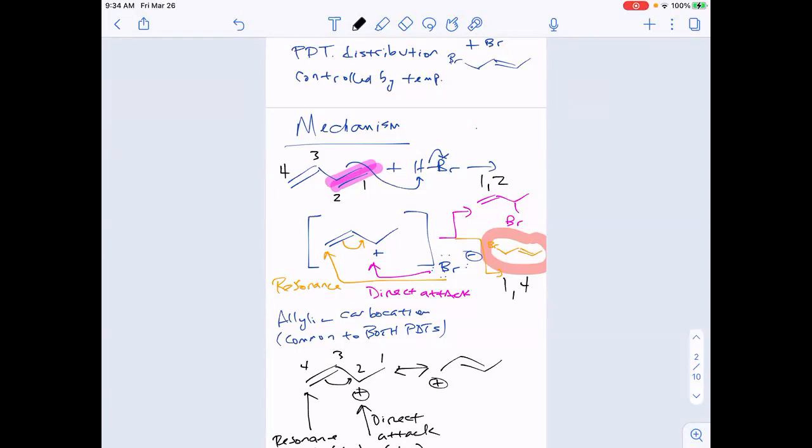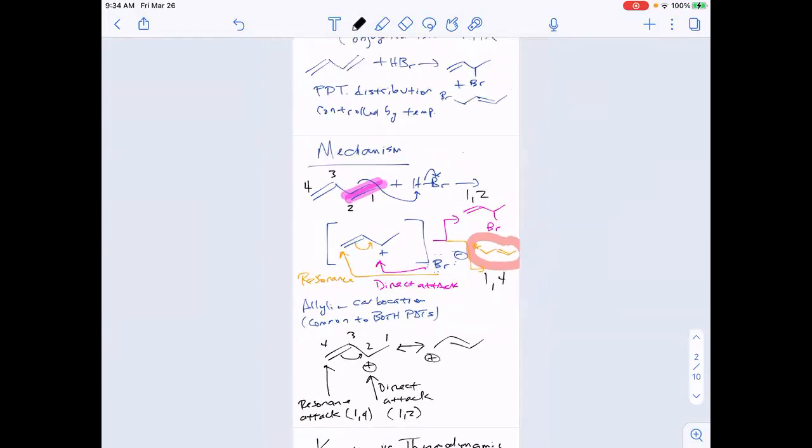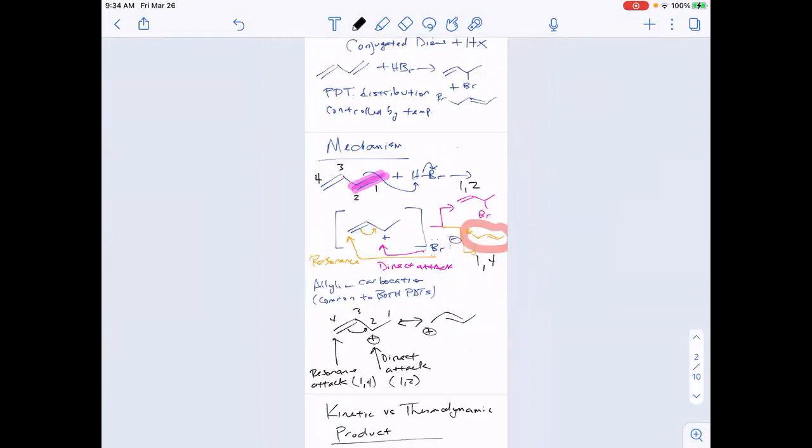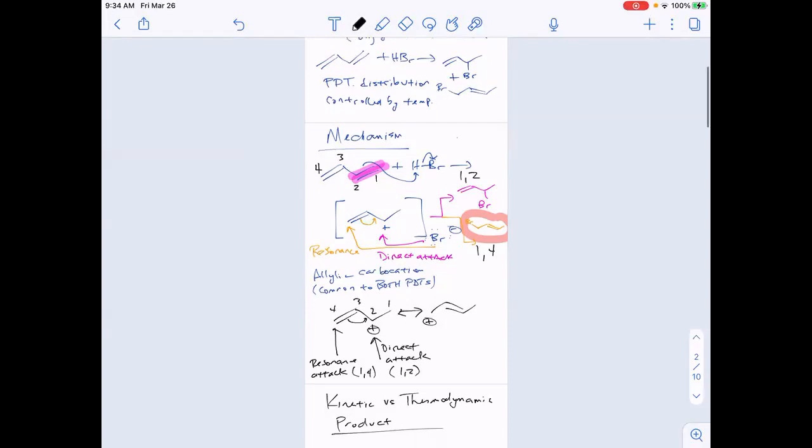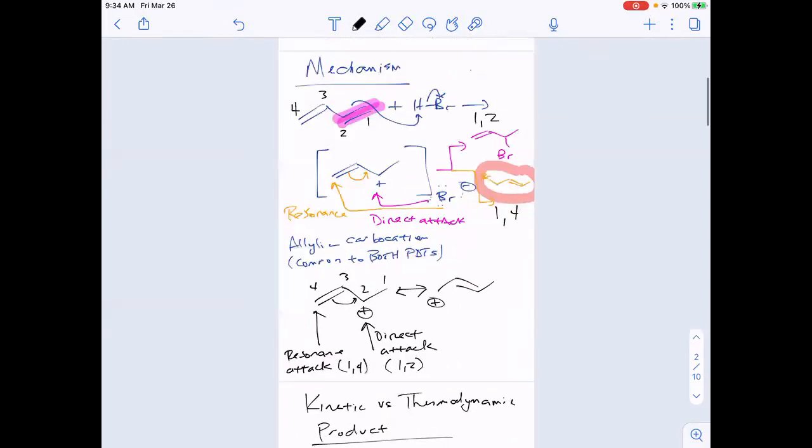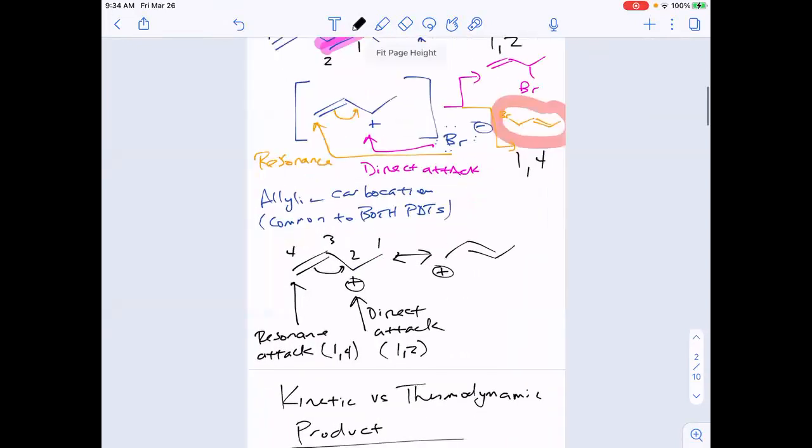The 1,2 pathway is readily available at low temperature. The 1,4 pathway is not, because it takes more energy for that pathway to happen. But the moment you add more energy to the system, you also make that other pathway more available. Does that make sense? Yes, thank you.